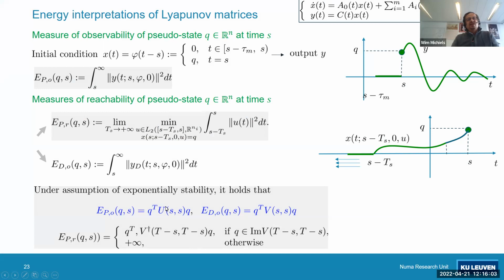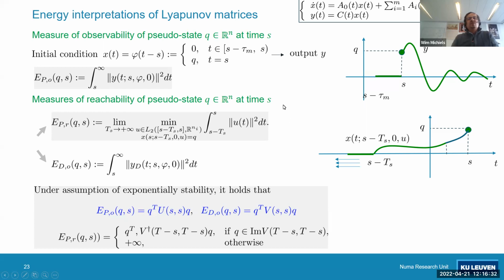And again, this quantity depends on S because we have a periodic system. So the output energy depends on the moment of excitation. If you change S, the response might be totally different. Also, when you want to reach some pseudo state Q, the moment at which you want to reach it, at least modulo the period, plays an important role here.